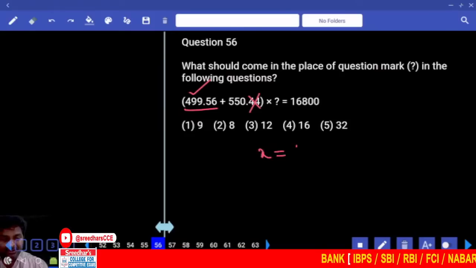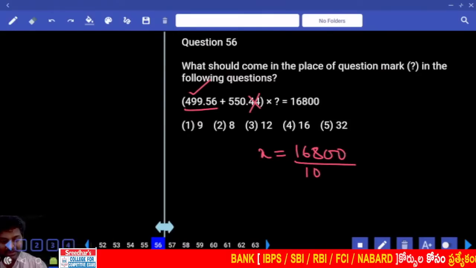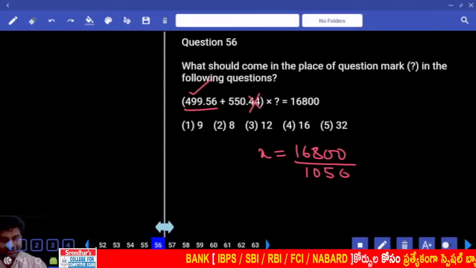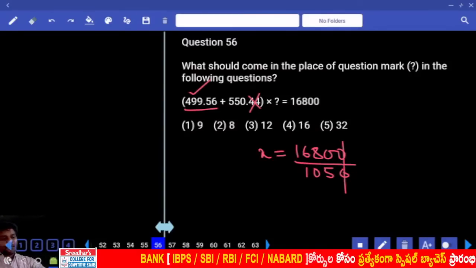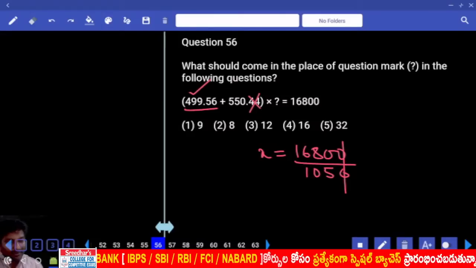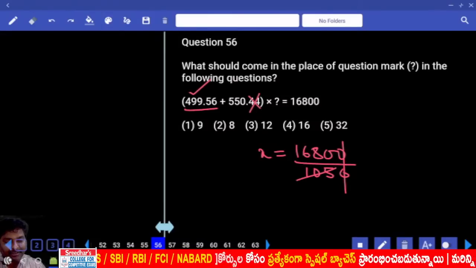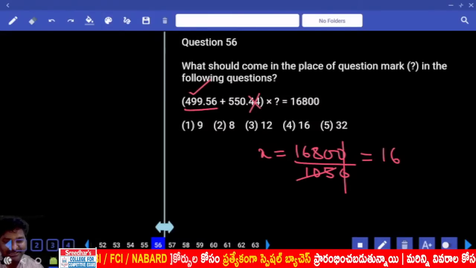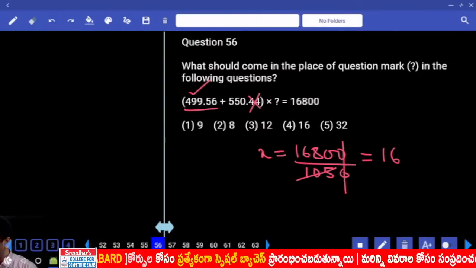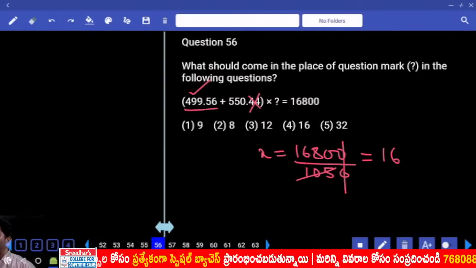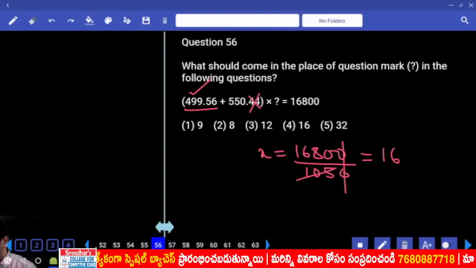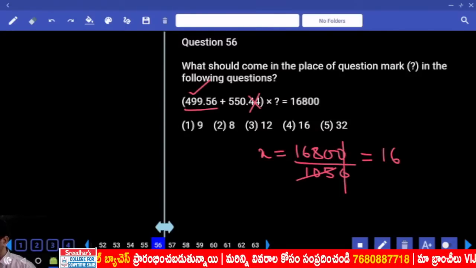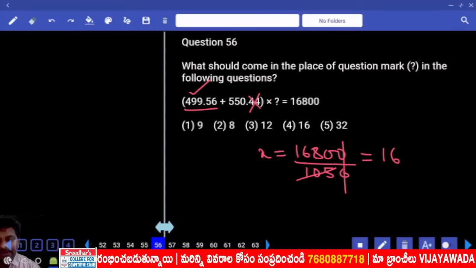Then x will be equal to this number divided by 1050. The zeros get cancelled. 105 exactly 16 times only. Denominator 105, read it as 100 plus 5. 100 16 times 1600. 5 16 times 80. Numerator 1680 only.